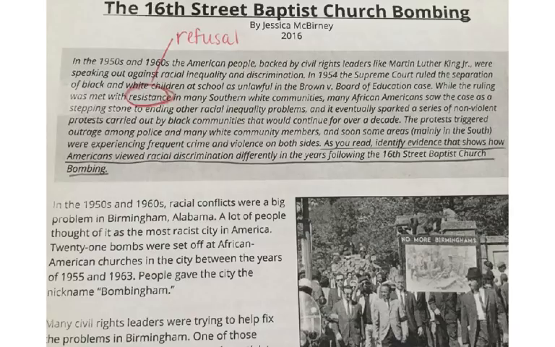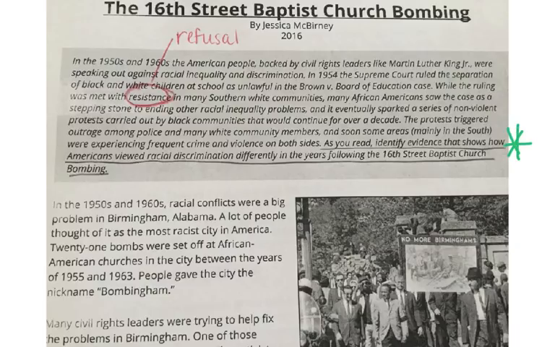As you read, identify evidence that shows how Americans viewed racial discrimination differently in the years following the 16th Street Baptist Church bombing. This is an important thing that we are going to focus on, so I'll stop you periodically because we are going to take a look at this very question, and we are going to attempt to answer it.